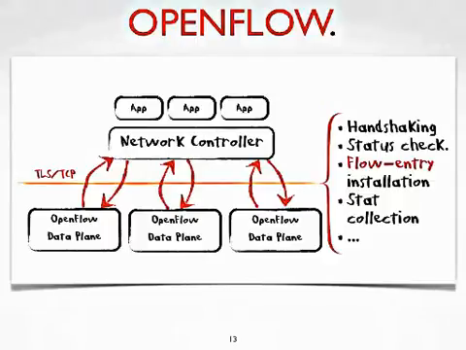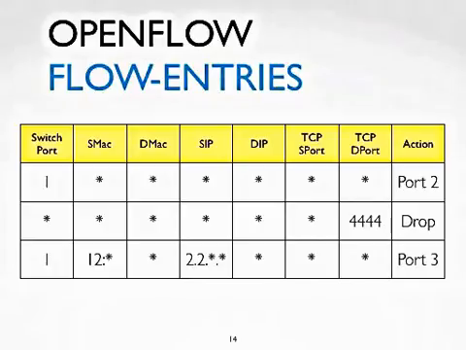And what are flow entry rules? These are flow entries. That one is the input port, this column is the source MAC address, destination MAC address, source IP, destination IP, TCP source port, TCP destination port. And this is the action you want to apply. These flow entry rules are the main part of OpenFlow.